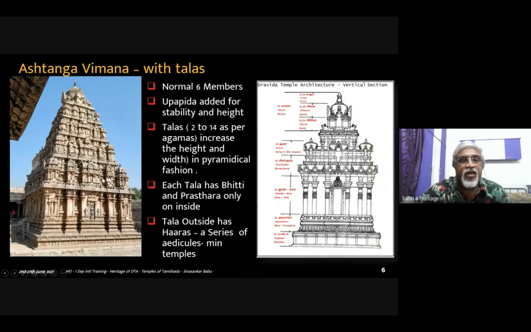So each tala has 2 components, one inner wall of the temple, which you see as an inner wall, and the outer bitti and prasara. Outside that, we have the ornamentals, small temples. We'll see the pictorial representation in the next slide.